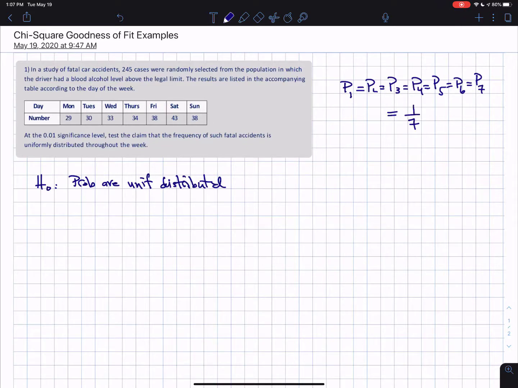But it's a math class, so we're going to have to use the mathematical version of that statement. So instead of writing the probabilities are uniformly distributed, we're just going to write the mathematical statement for that, which is P1 equals P2 equals P3 equals P4, P5, P6, P7, and all that equals 1/7. And that's how you write your null hypothesis.